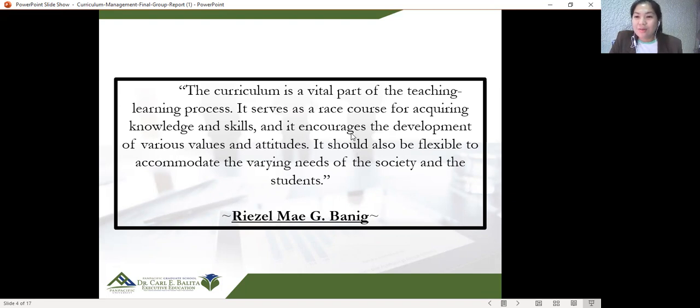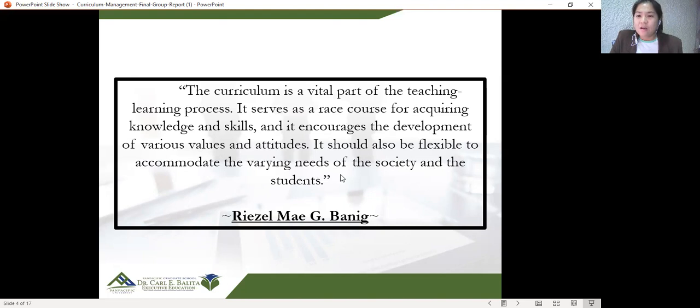I know that we all know that without curriculum, we cannot teach in a way that we align our teaching with knowledge, skills, and of course, the most important, we are going to include values and attitude. It should also be flexible to accommodate the varying needs of the society and the students.